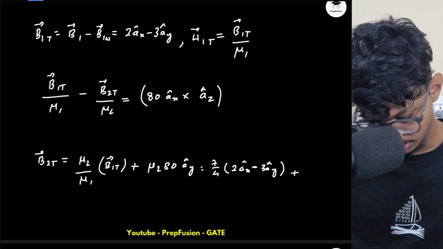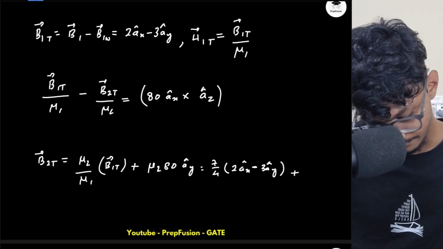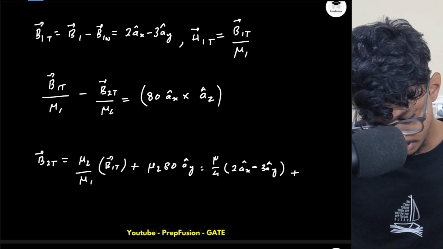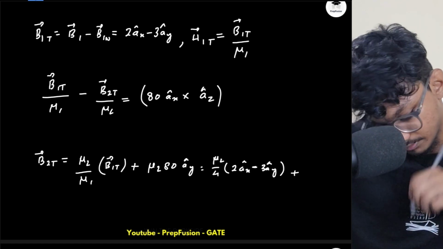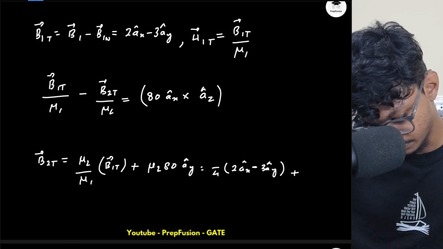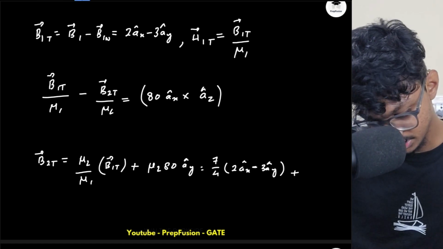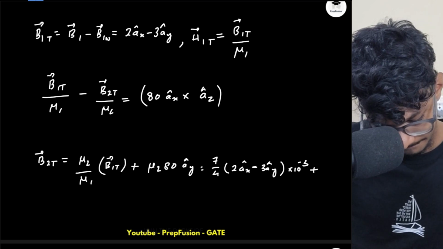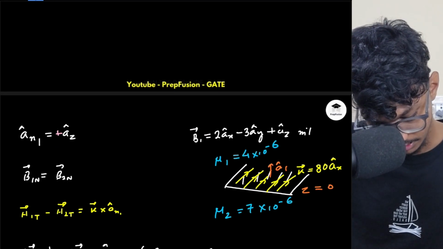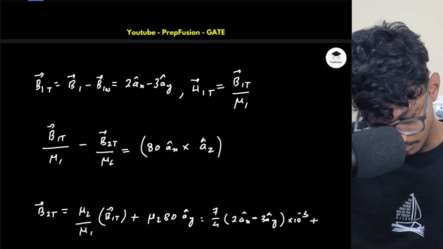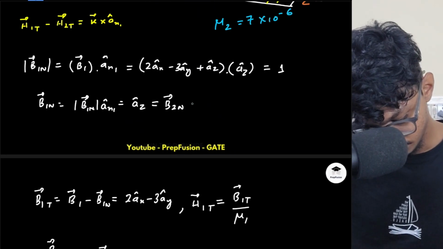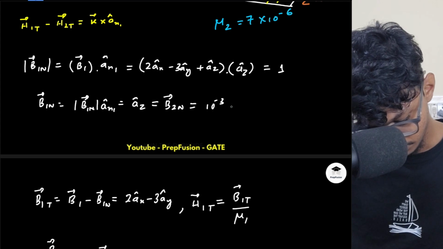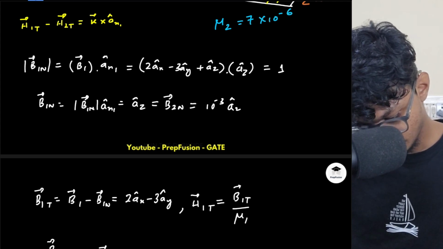So can I do anything? What I can do is I can just write here mu2 only. I can keep this mu2. Why am I keeping this mu2? Because I have to replace everything. 0.7, and remember this is in millitesla, so this will be 10 raised to power minus 3, equal to 10 raised to power minus 3 AZ cap.